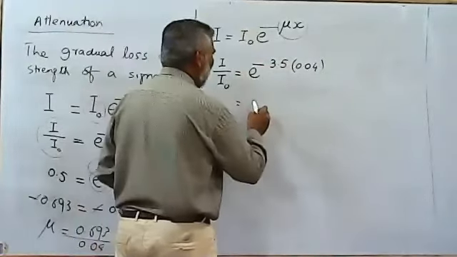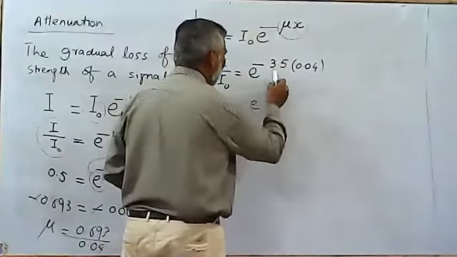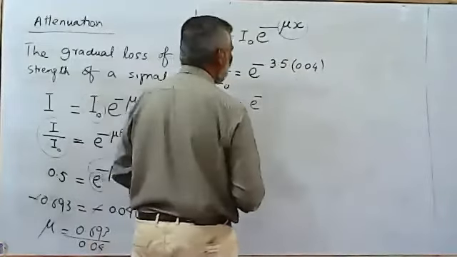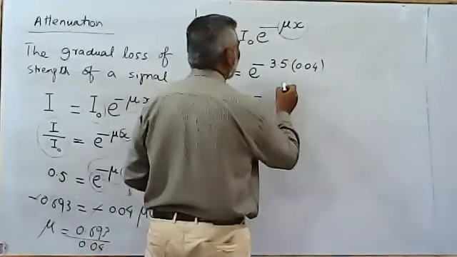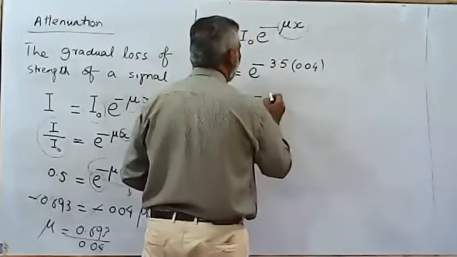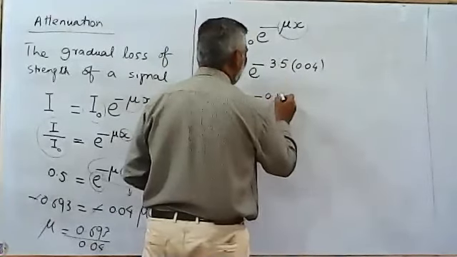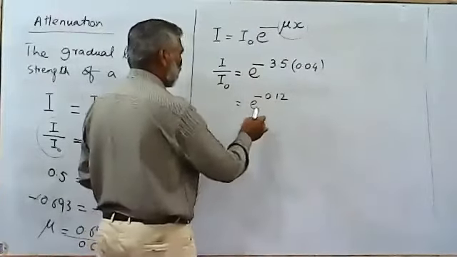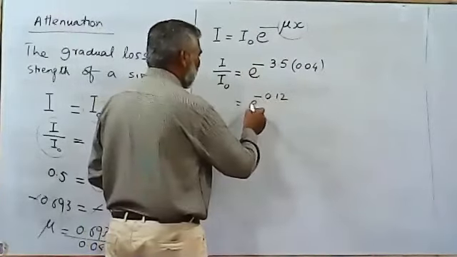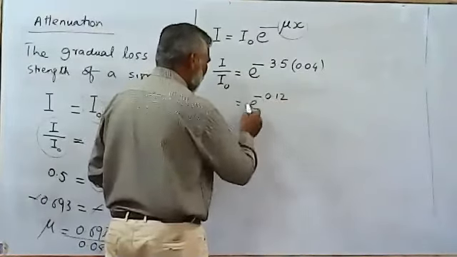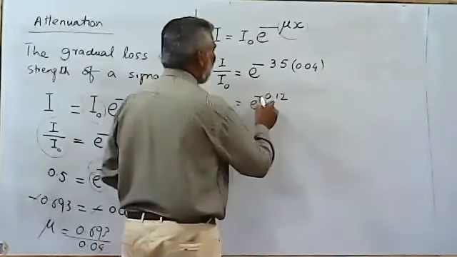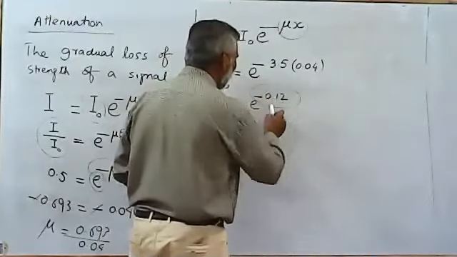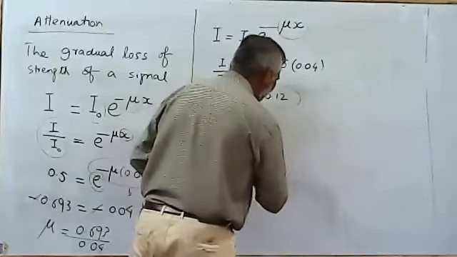All that you have to do is multiply these two numbers, you get something like 0.12. So you use the calculator, write the exponential function there, this e appears on the screen, and in that power you write minus 0.12, and it gives you a certain value.